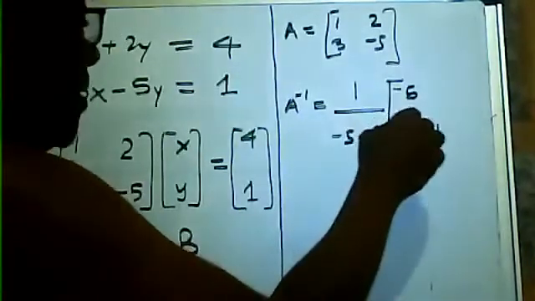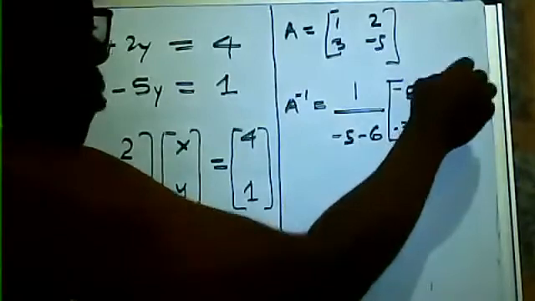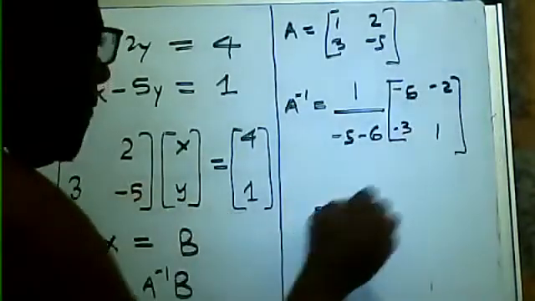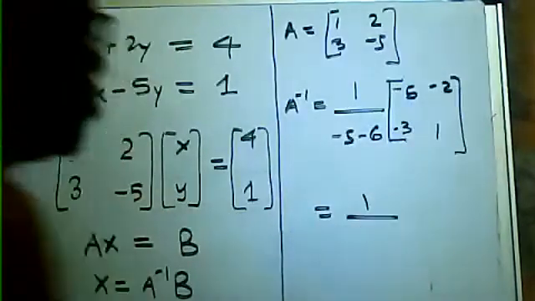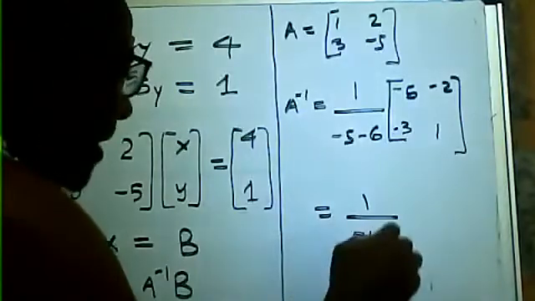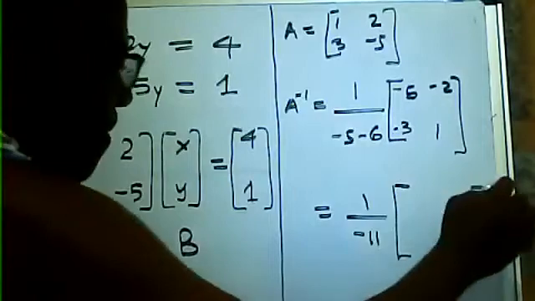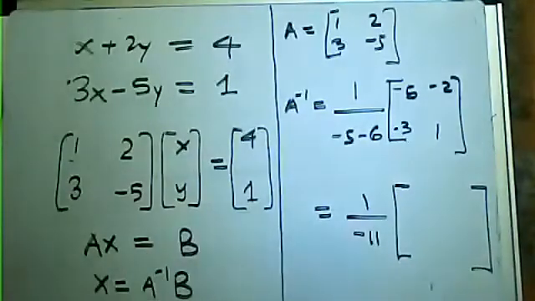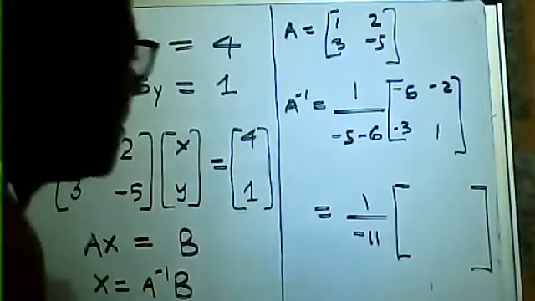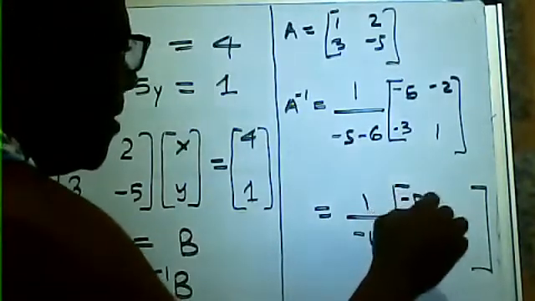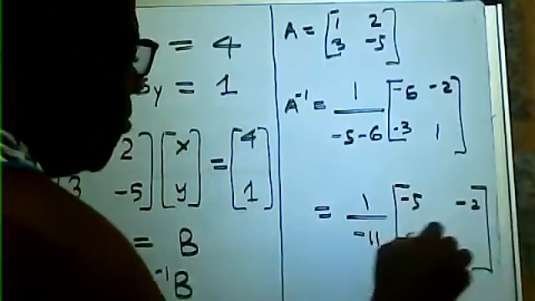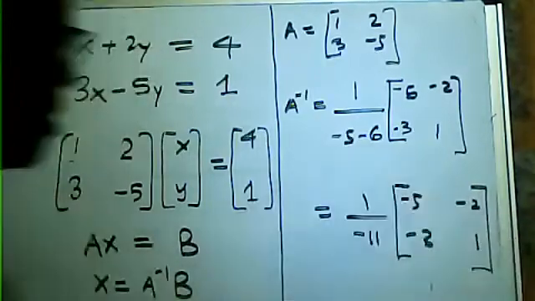This will be negative 3, negative 2. This is 1 over negative 11. 1 over negative 11 multiplied by negative 5, negative 2, negative 3, 1.